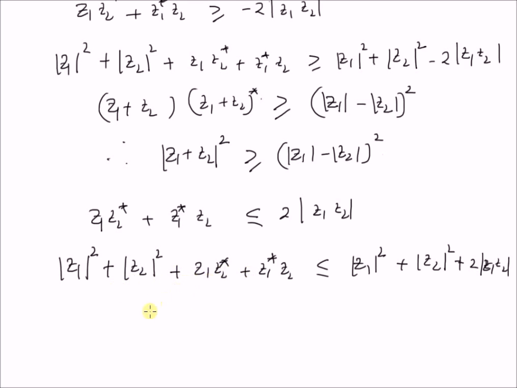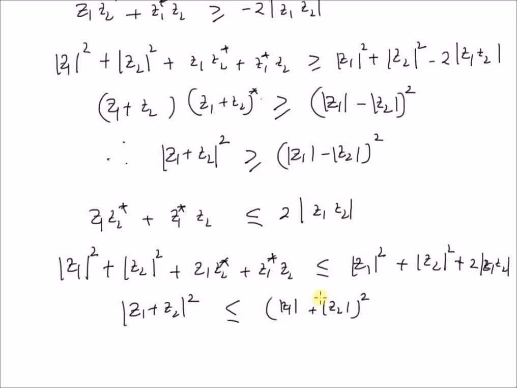Now the left hand side is clearly equal to |z1 + z2|², and it is always less than or equal to (a + b)², where a is |z1| and b is |z2|.